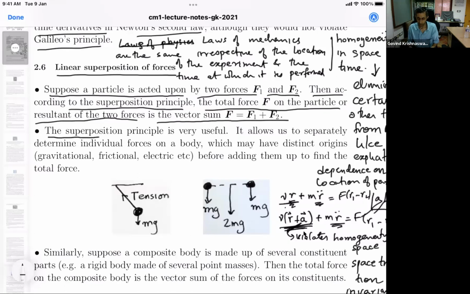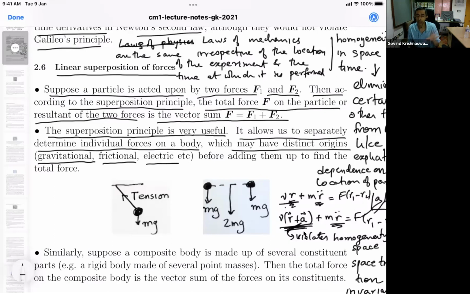In fact, the superposition principle is very useful. It allows us to separately determine individual forces on a body, which may have distinct physical origins. There may be gravitational forces present, frictional force, electric force, etc. We determine each one through some dedicated procedure, and then you add them up to find the total force.